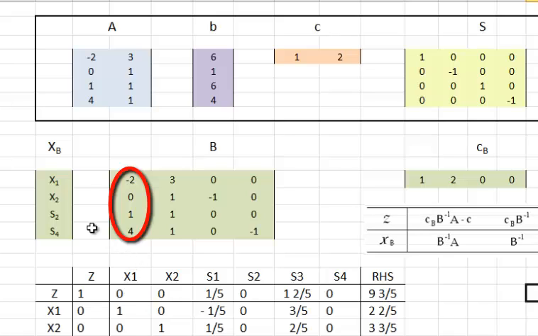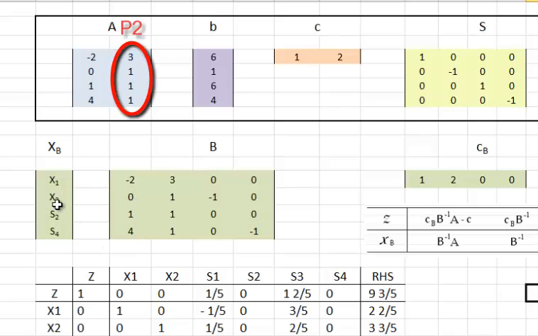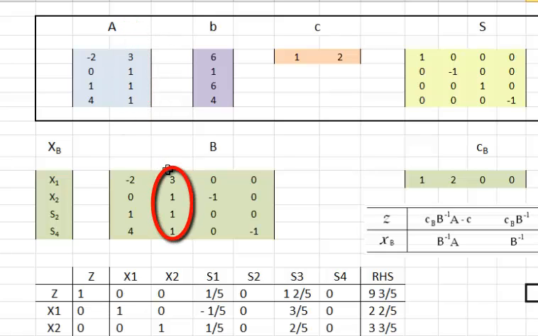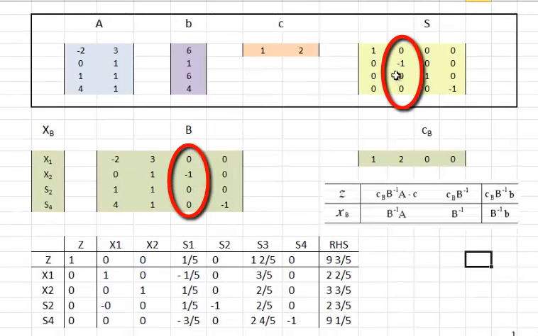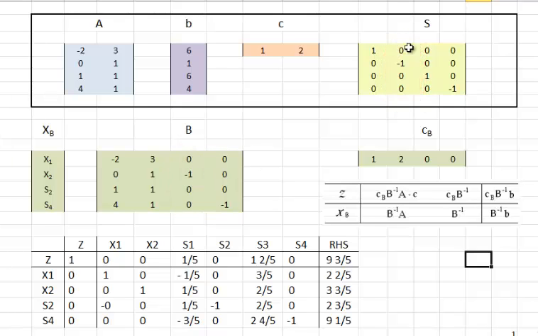The x1 column is right here in A, and I will write those numbers. The x2 column is the P2, and that is right here, and we're going to write them in here. The S2 column comes from this one, and that is a negative 1. Don't forget, there is a negative 1. So that column is right here.